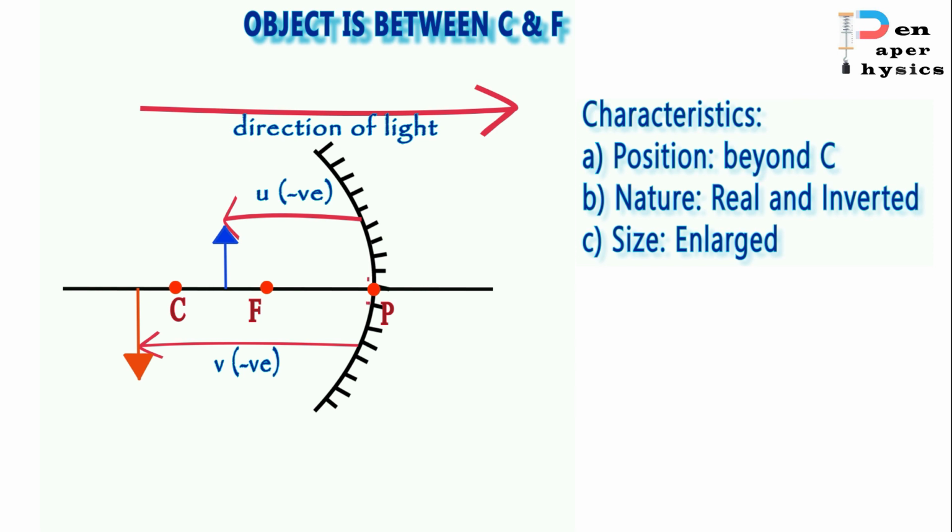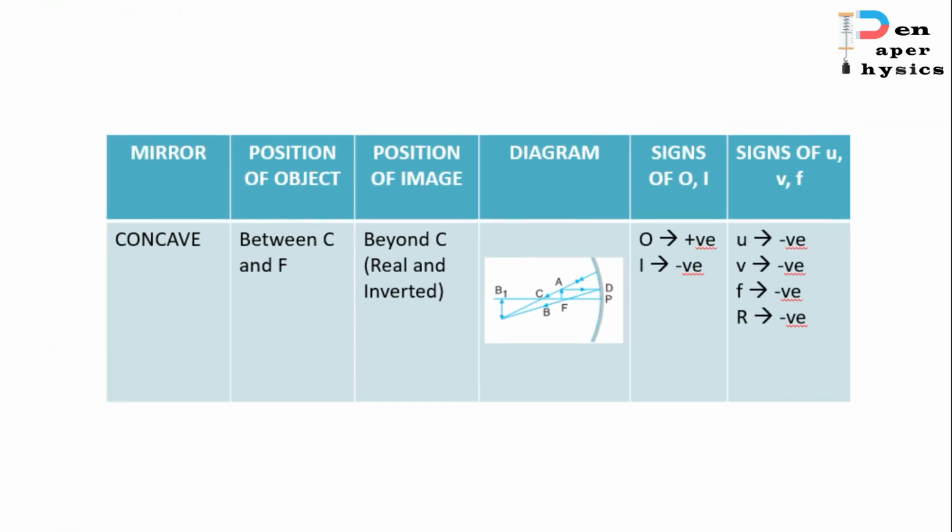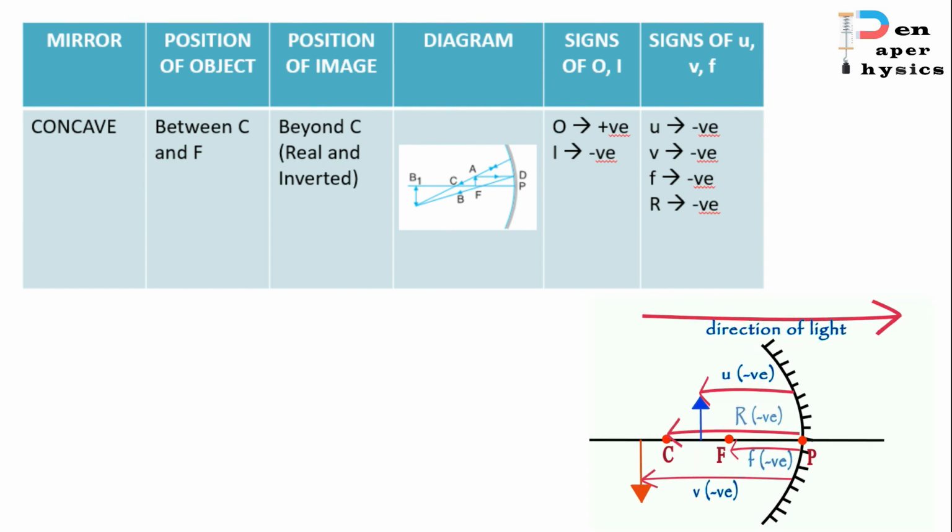For radius of curvature R and focal length F, again we have to move towards left, so both of them are negative. The object is above the principal axis, so O is positive, and the image is below the principal axis, so I is negative.